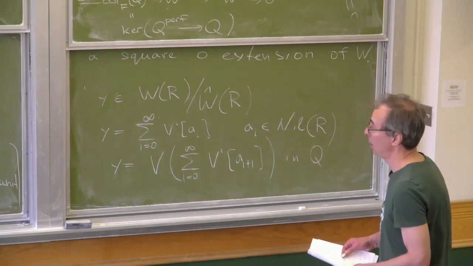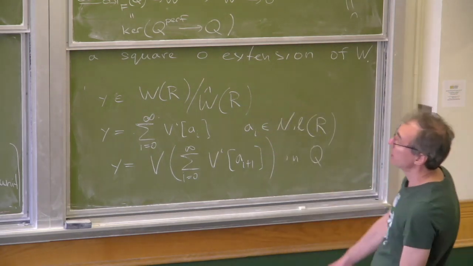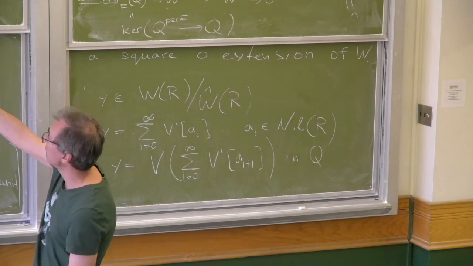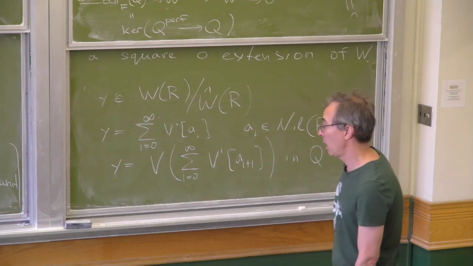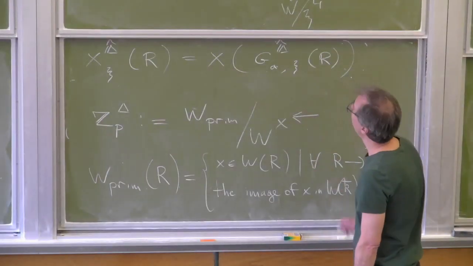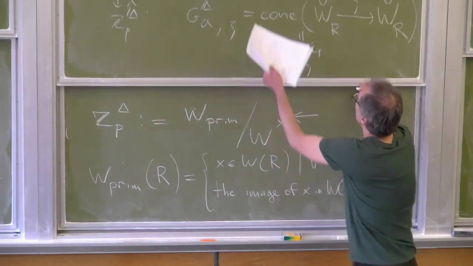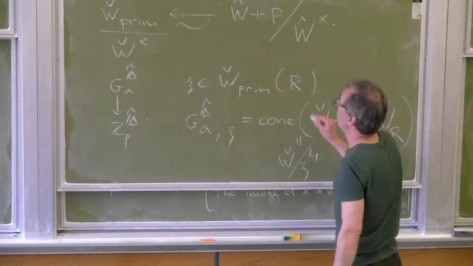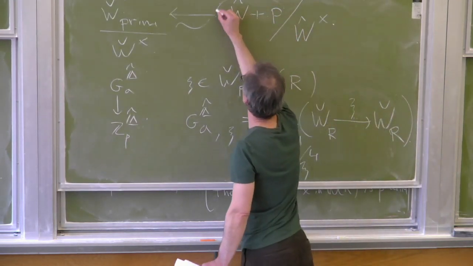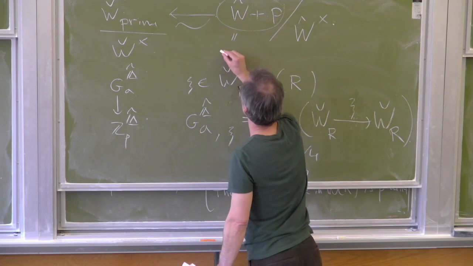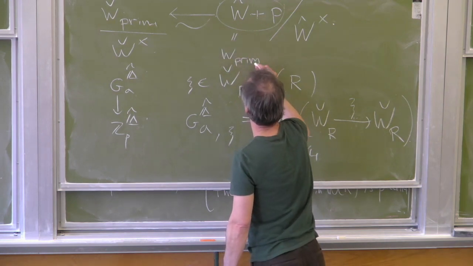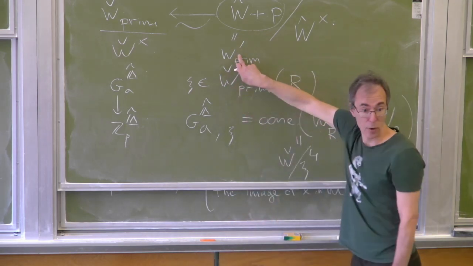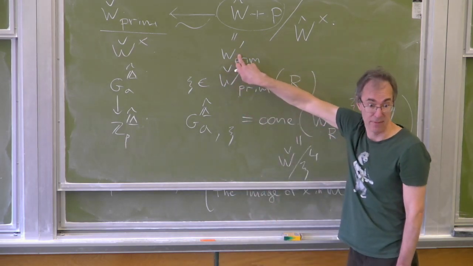So I want to compare this with the sheared prismatization above. I claim that if I have an element here, so maybe just notation, let's call this W prime, and I'm going to refer to these as strongly primitive bit vectors.